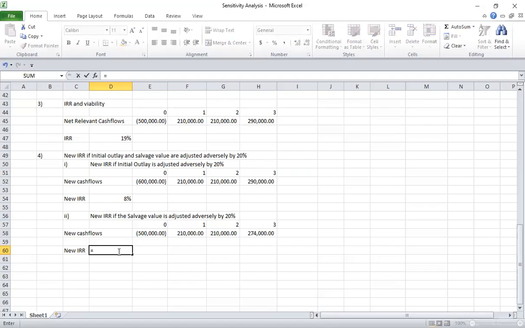So that should be equal to internal rate of return in bracket all the values. Close the bracket. That gives us about 17%. All right, that is it for required number 4.